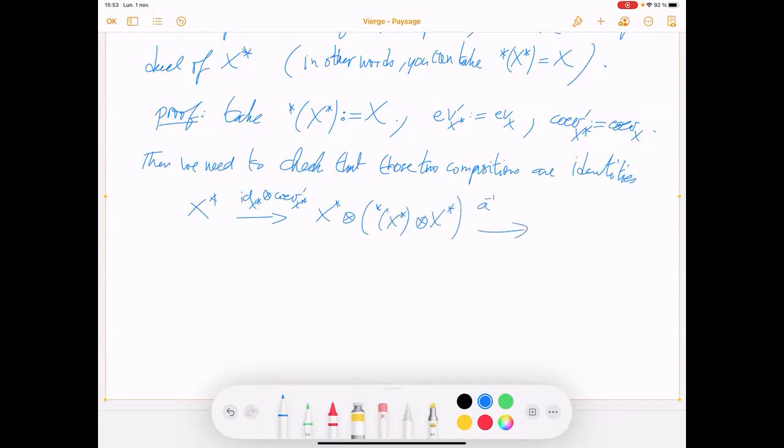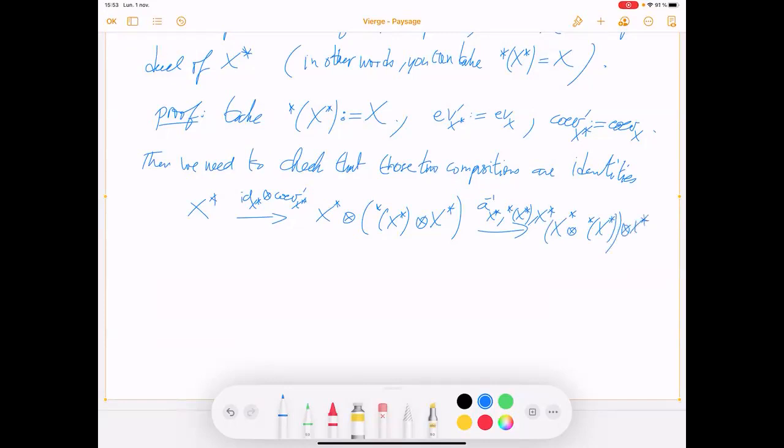I will not write the second one, which is the same. This is trivial, just to fix how things are working.